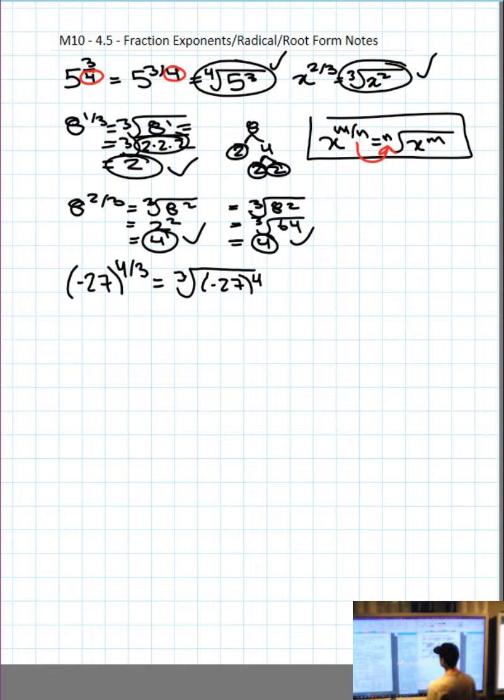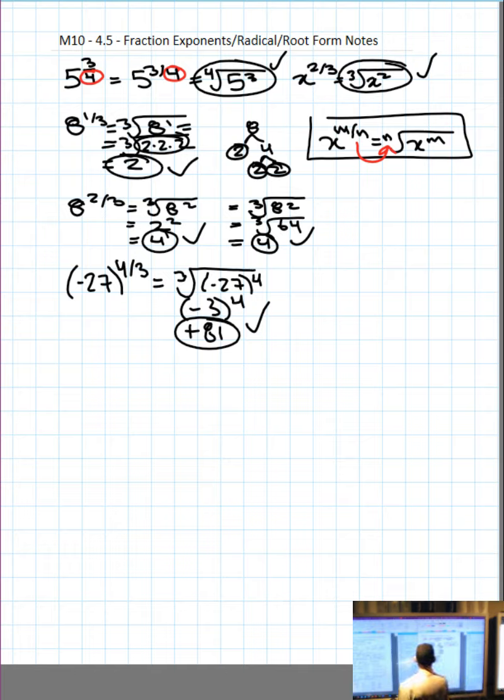So what 3 identical numbers multiply together to make negative 27? Negative 3. Still to the 4. Brackets around it, because we have to take that negative to the 4. And a negative to an even exponent is going to become positive. And 3 to the 4 is 81. Type in the question, type in the answer. Make sure it's the same. Check your answer.